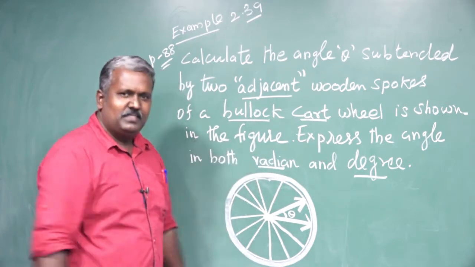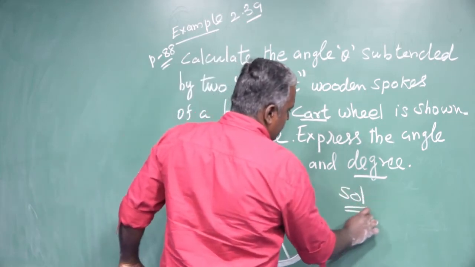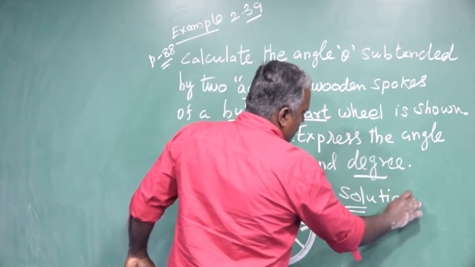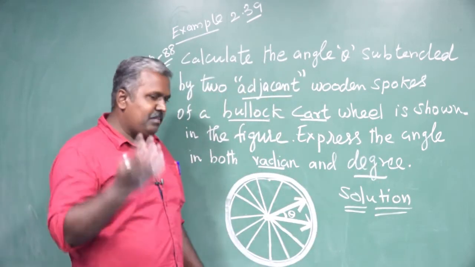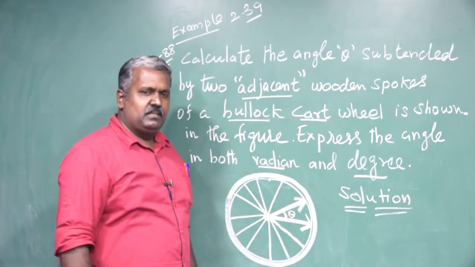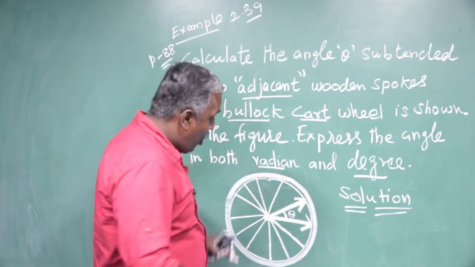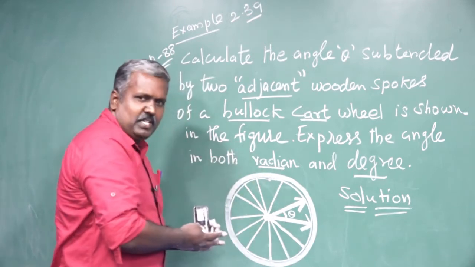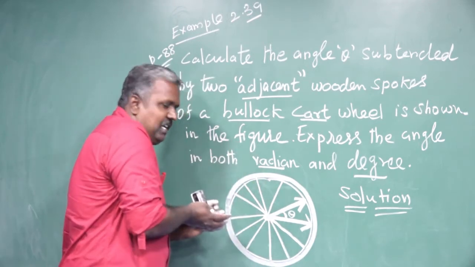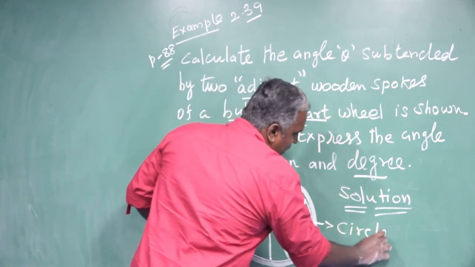How? Very simple. You can say it mentally. Theta is equal to what? How many spokes are there? 12 spokes. A complete wheel is like a circle.